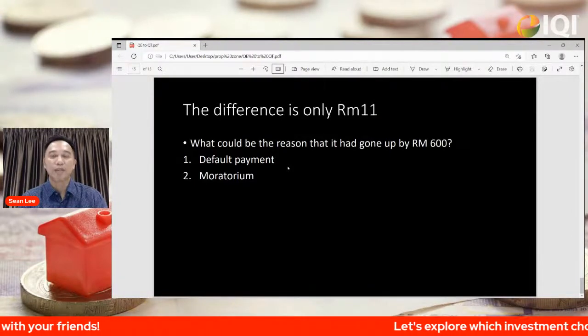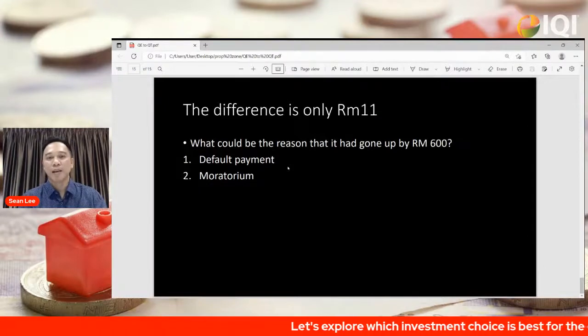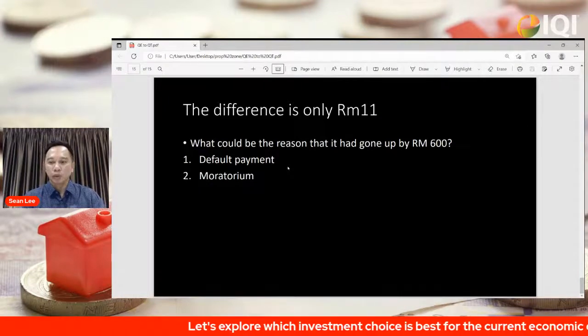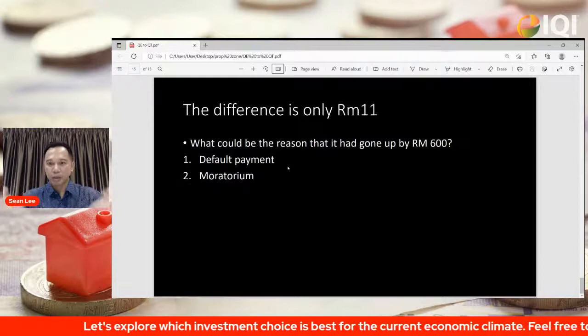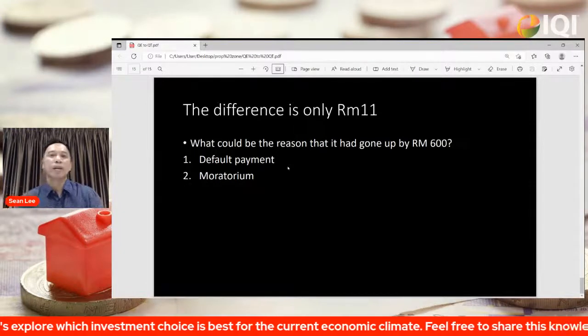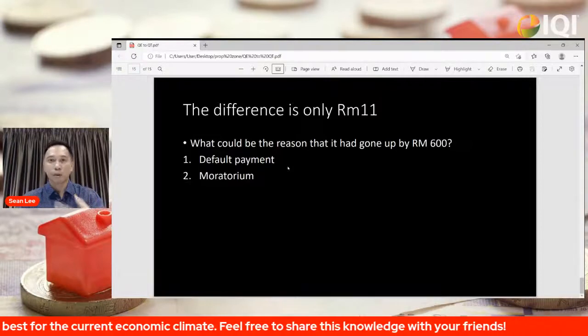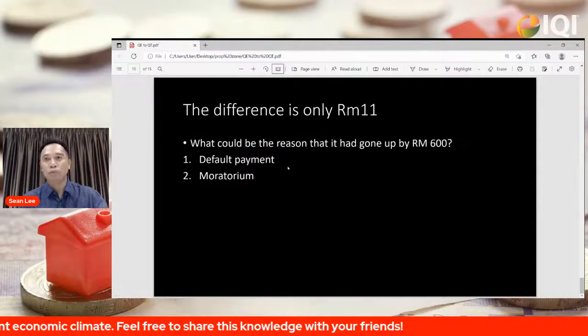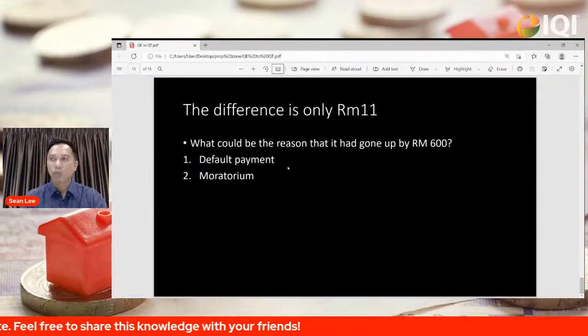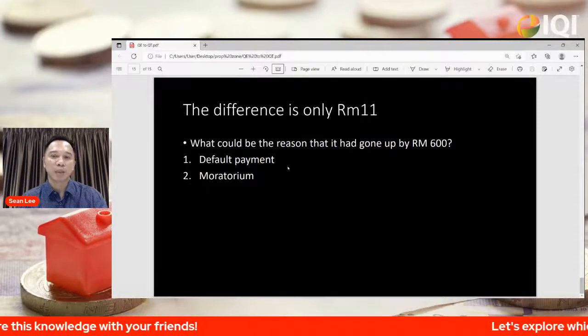The good thing is, as I mentioned, interest rate also indicates the economy is back on track. There's demand from the corporates, from the consumers, and from the households to move the economy forward.